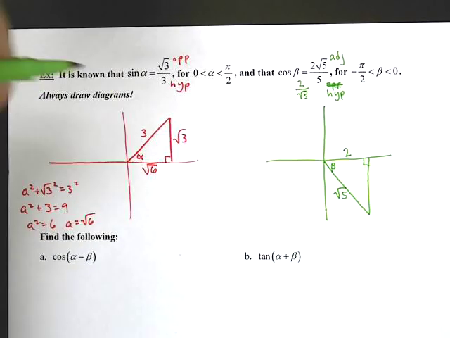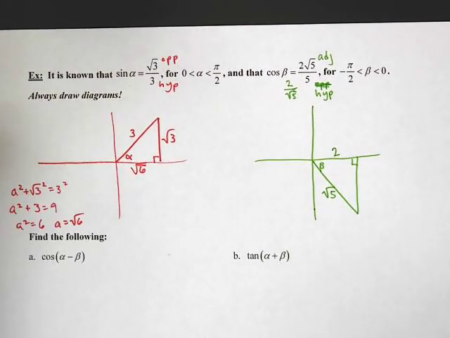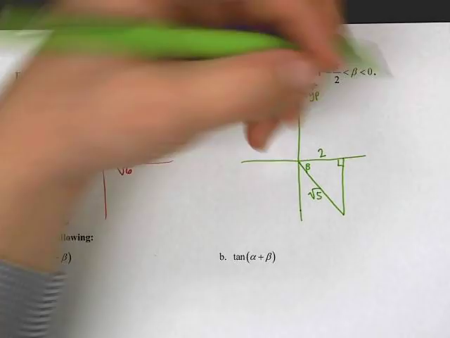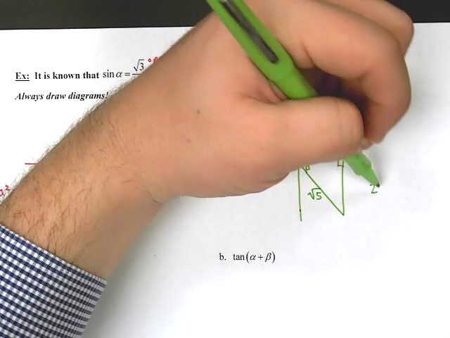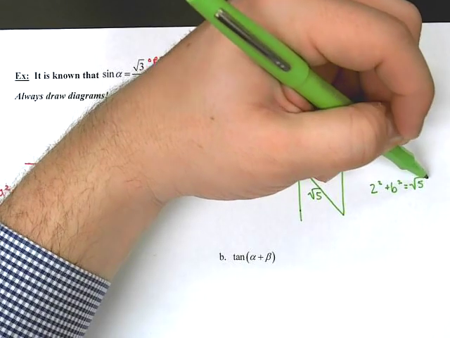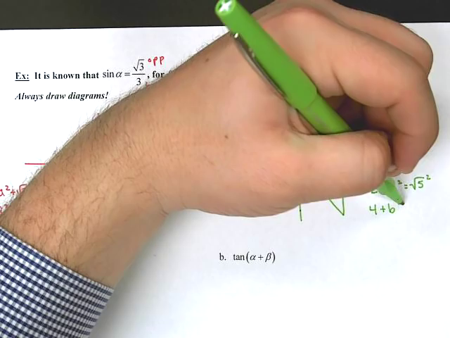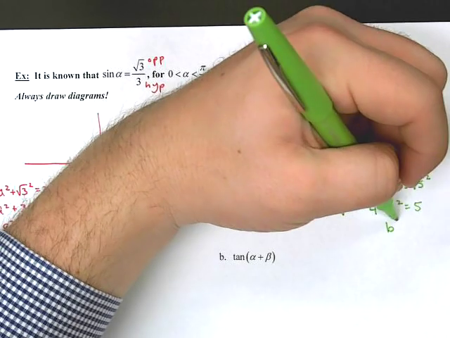Then I would use the Pythagorean theorem to get the missing side, the y length. So 2 squared plus b squared equals square root 5 squared, or 4 plus b squared equals 5, or b squared equals 1.